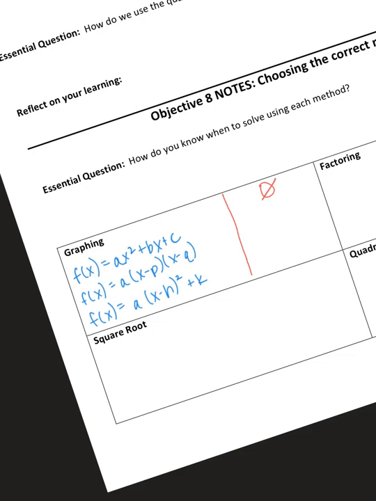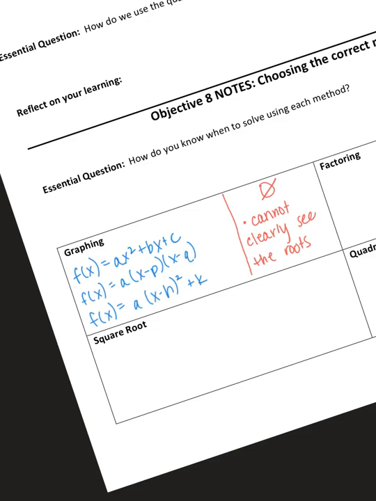So we should not use graphing when we cannot clearly find the value of the roots. Okay, so see the roots or the x-intercepts on the graph. Okay, so that's when not to use graphing. Otherwise, very helpful tool if it is available to you.